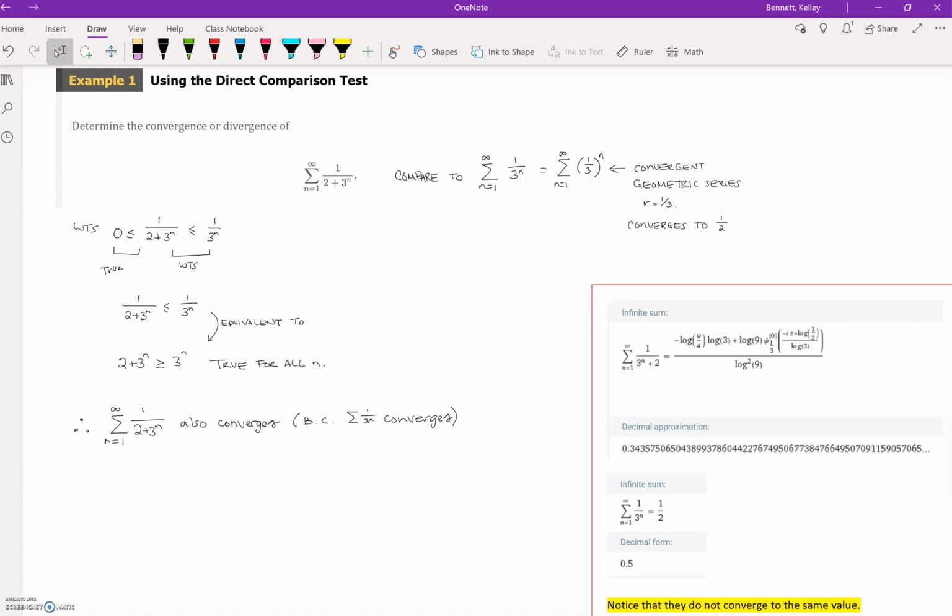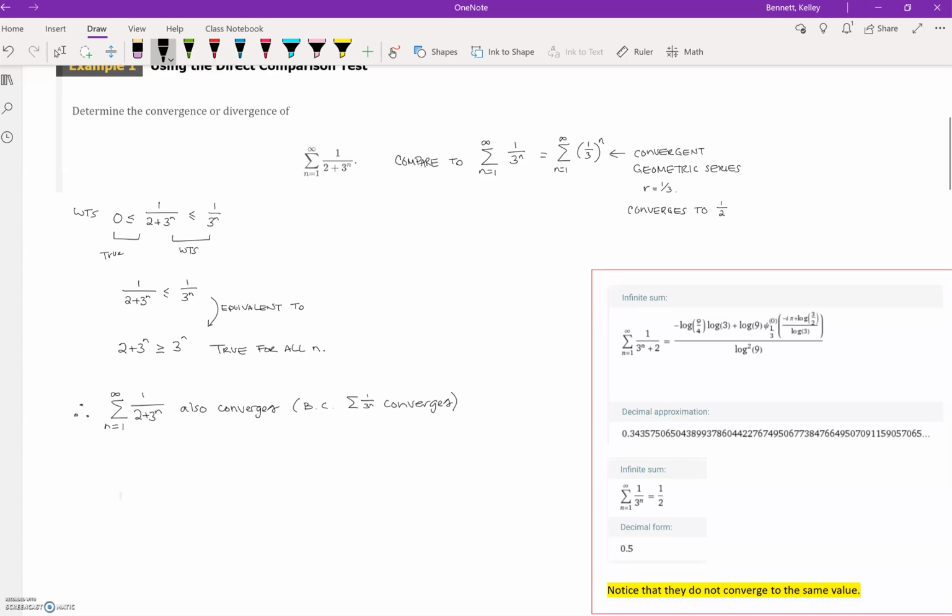We saw a little bit of this in previous sections from chapter 9. The geometric series converges to the value 1/2. However, the series that we were given converges to 0.34, whatever. So don't take it to mean that they have the same limit, just that they both converge.